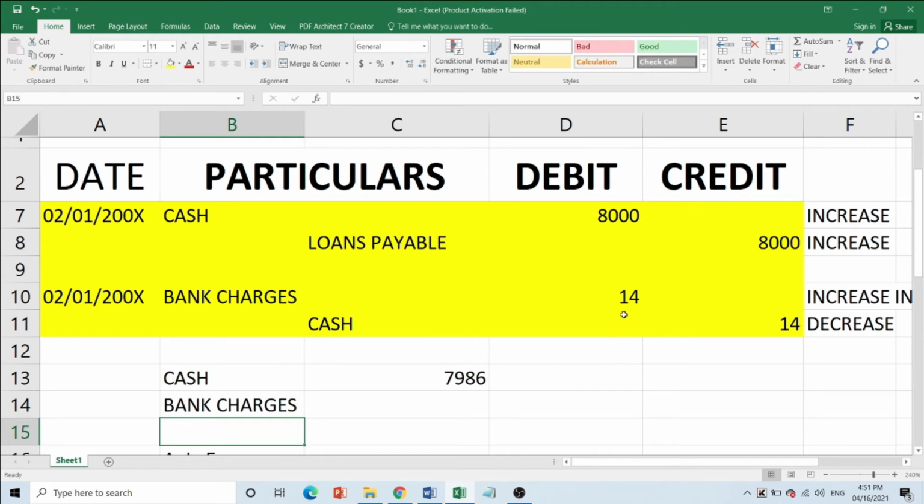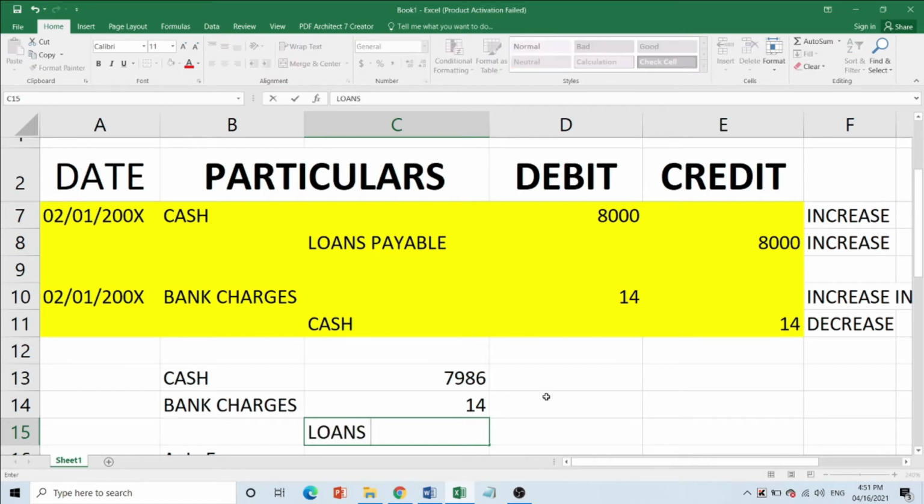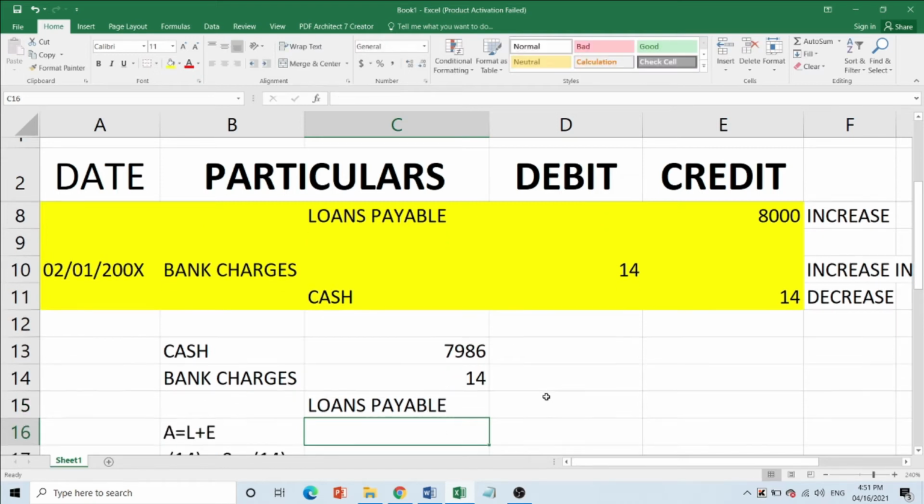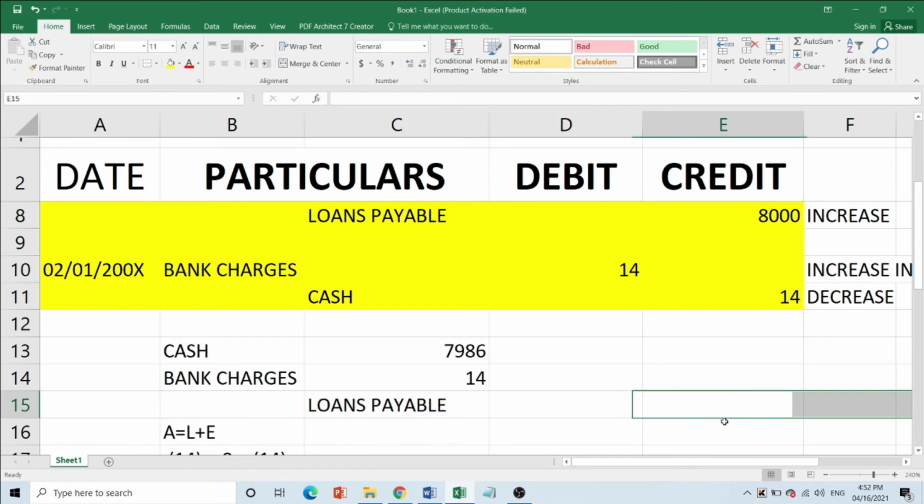Bank charges amounts to ilang amount? 14. Yes. And ang last na ating i-account is yung loans. Okay. Loans payable amounting to how much? Is it 7,986 or 8,000? Of course, it is 8,000.